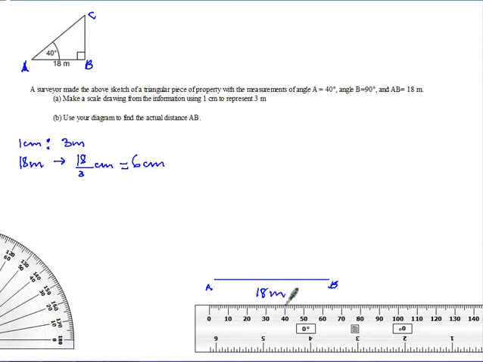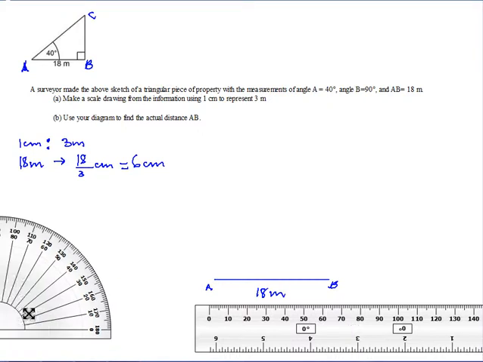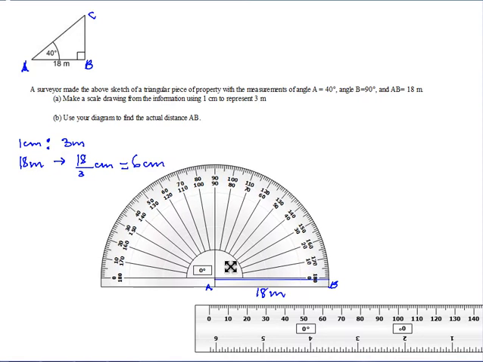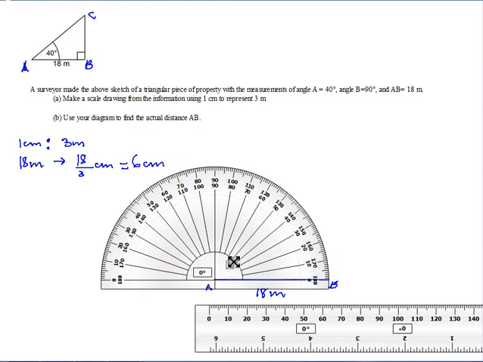All right. Now, what else do we have? We have an angle of 40 degrees and an angle of 90 degrees. So we're going to have to measure those angles. Notice that we don't need to construct these angles; we simply need to measure them because we're drawing this item. Let us make the 40-degree angle. We're going to use our protractor. The angle is going to be at A, so you center the protractor at A like that.